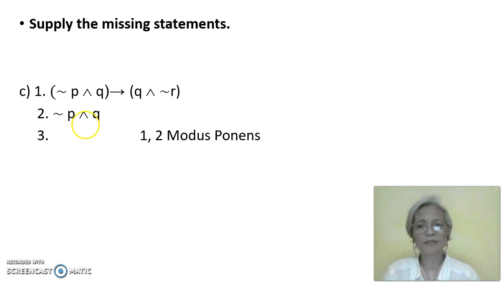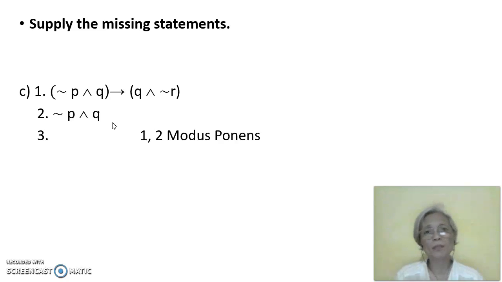Next, we have the conditional not P and Q implies Q and not R. And then we have not P and Q, and we are asked to apply modus ponens to premises 1 and 2. Note that in the formula P implies Q, P and Q are variables and they could be anything.